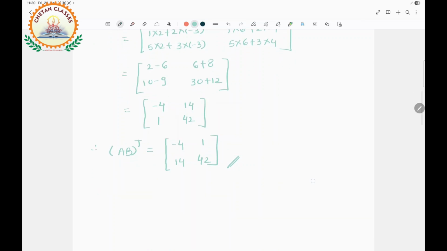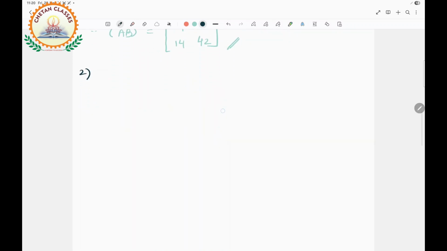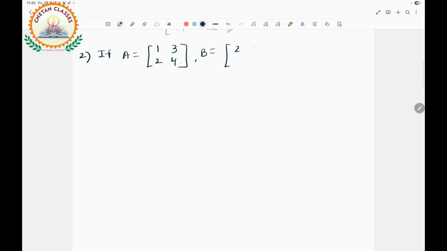Take another example. If A is equal to 1, 3, 2, 4 and B is equal to 2, minus 1, 3, 2, verify that A plus B transpose is equal to A transpose plus B transpose.